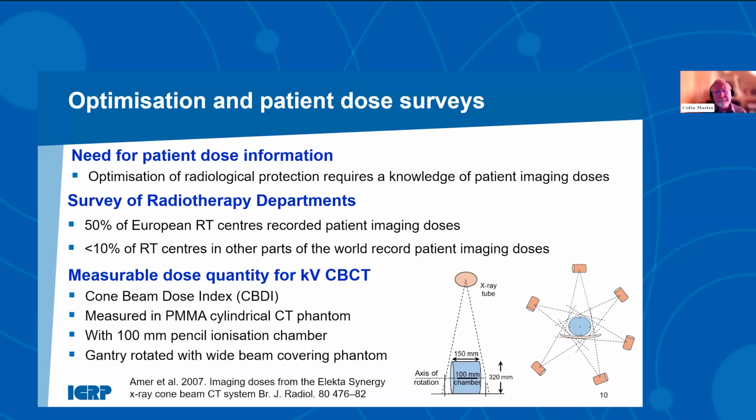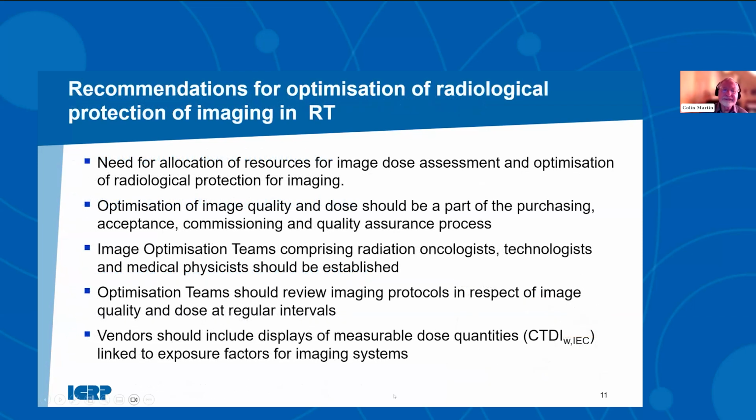So use a wide beam covering the phantom and then rotate the beam to carry out a scan and record that dose. And this was first proposed by Amer et al. in 2007. And Tim will be talking later about a UK survey using this technique.